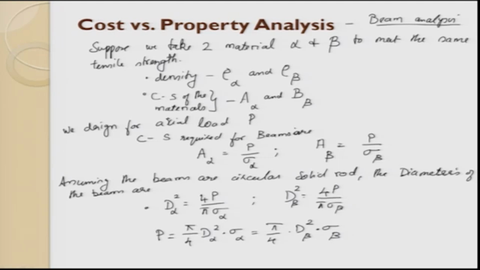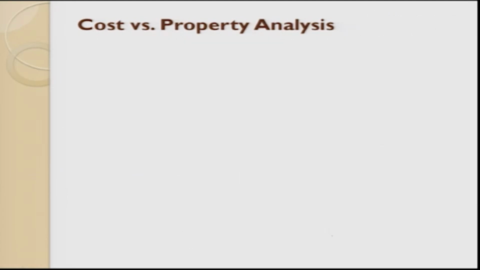What are we trying to do? We are trying to take two different materials. Two different materials will have two different densities, but the loads are the same. So we are trying to find out the relationship between them.